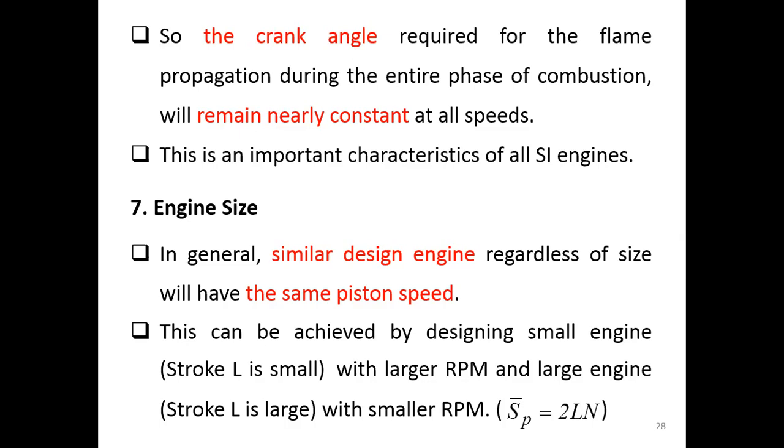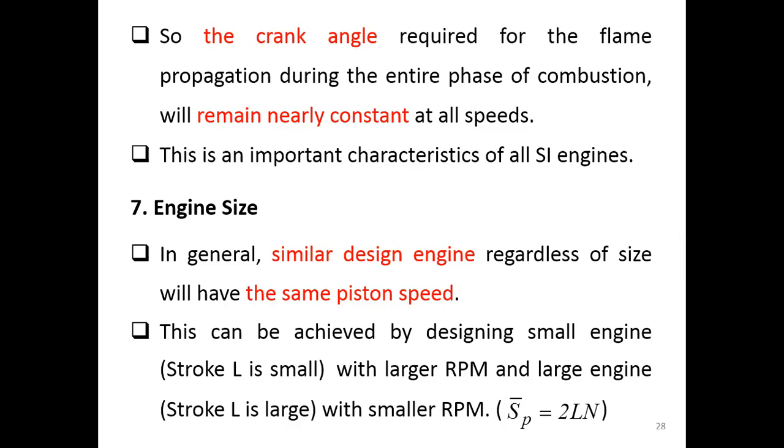Why can we make engines of the same design with different sizes have the same piston speed? We do this by designing the small engine, which has a small stroke length, to run at a larger RPM, and designing a large engine with a large stroke length to run at a smaller RPM.